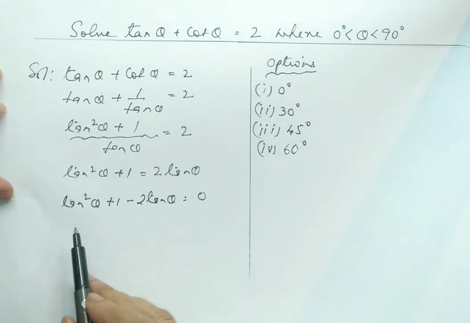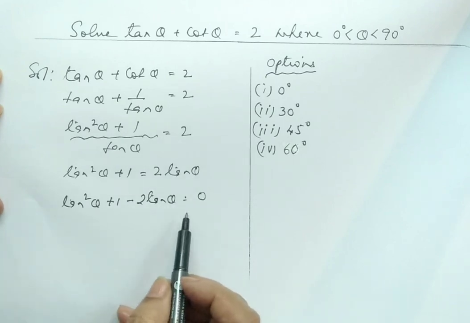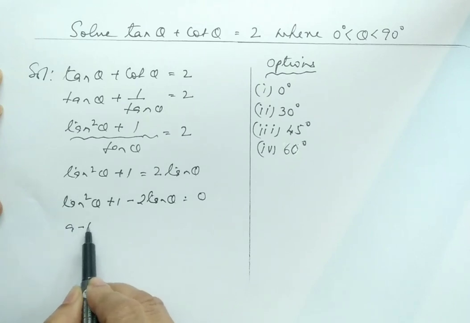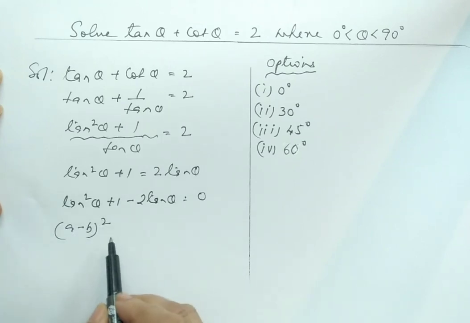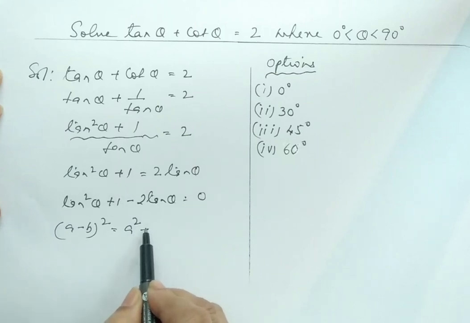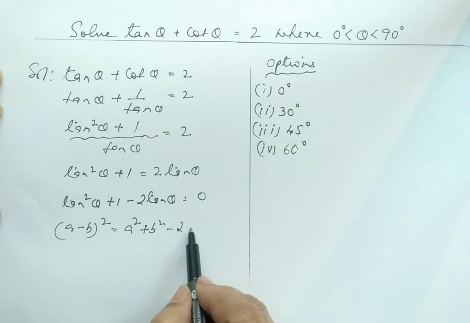So what does this remind us of? Of course, this reminds us of a very simple identity that we know, a square plus b square minus 2ab.